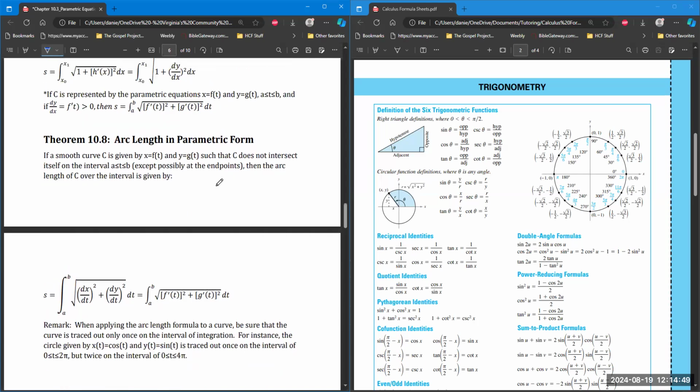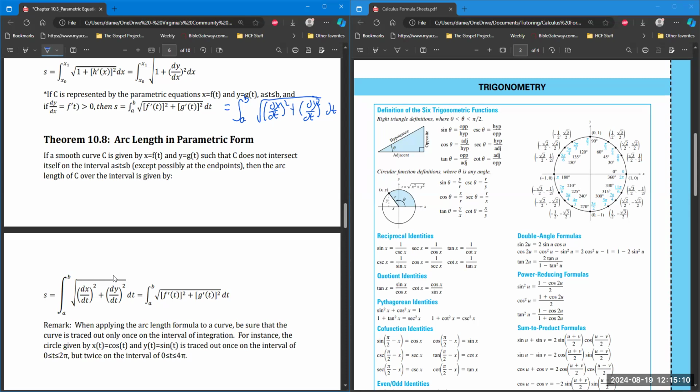We'll write this as the integral from a to b of the square root of (dx/dt) squared plus (dy/dt) squared, and then with a dt on the outside. That's probably how I'm going to write it. In fact, there it is right there.